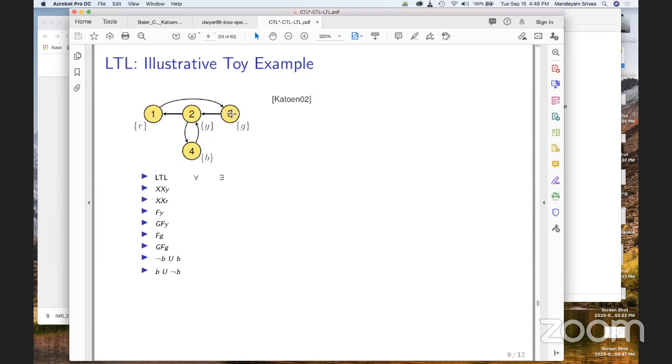So for that, state one has to occur, right? What are the paths once again? So there is an infinite path which goes through 3, 2, and 1, on which G happens infinitely often, but that is not true for all paths, correct?